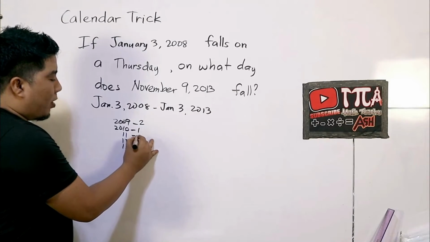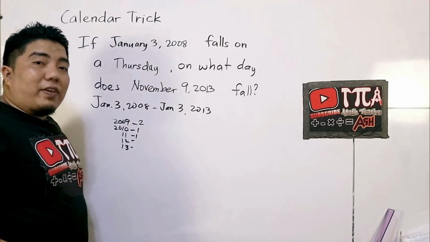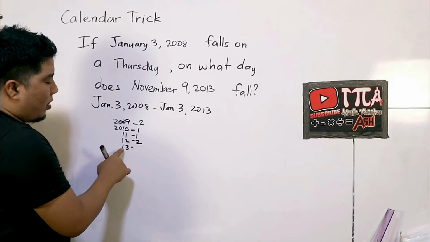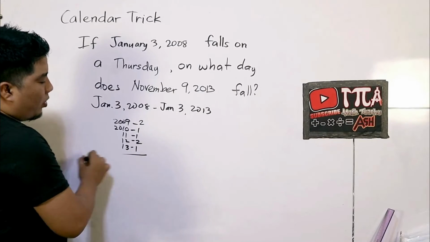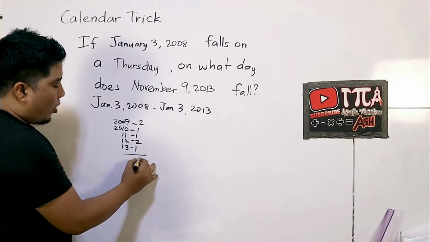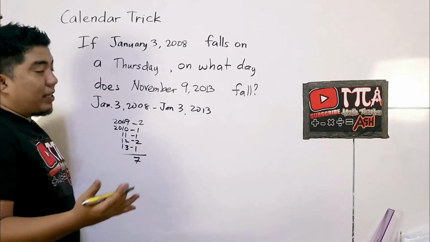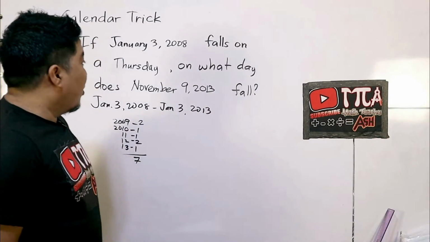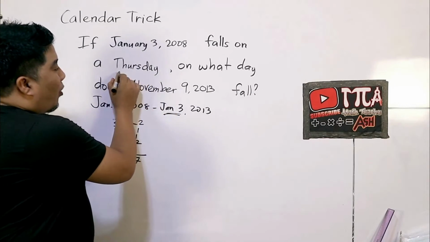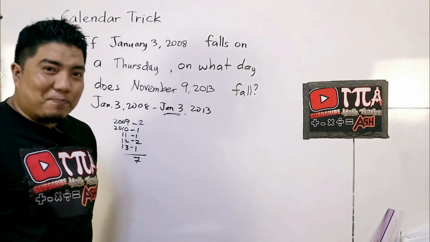Going here, remainder of 1, remainder of 1. 2012 is a leap year, so therefore this is 2 and then another 13 here, so that is a remainder of 1. So adding them, 2, 4, 6, 7. So therefore, this is 7 days divided by 7. We don't have any remainder. So therefore, we can say that January 3 still falls on a Thursday.